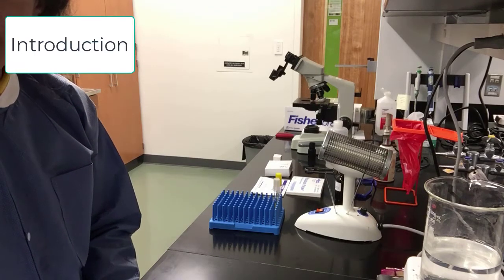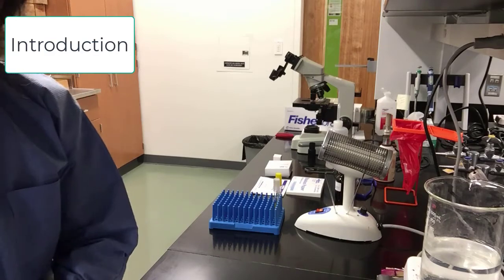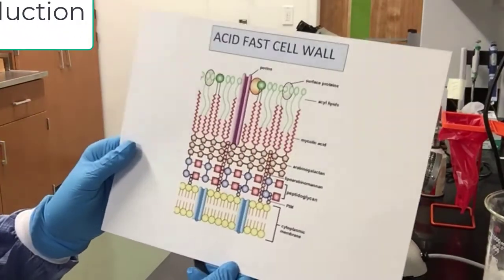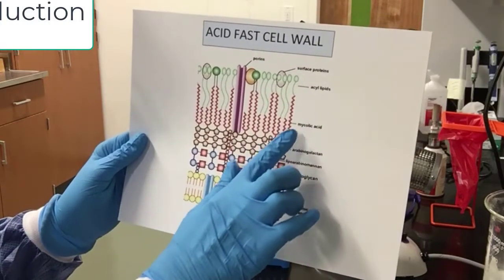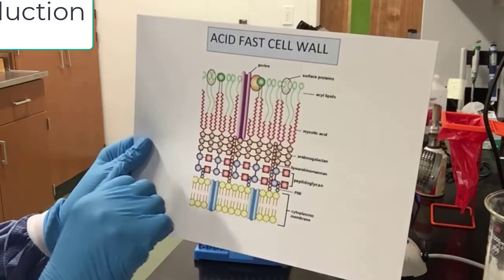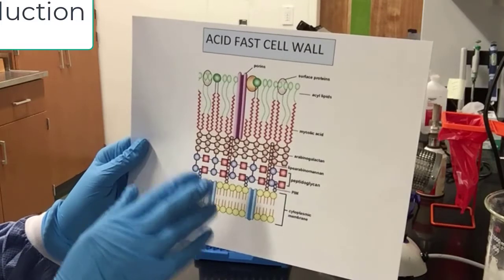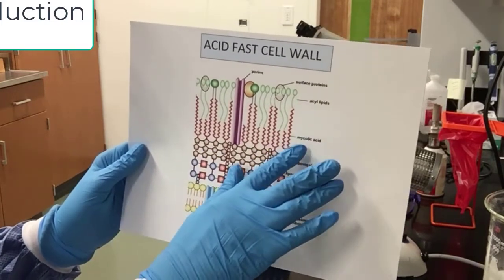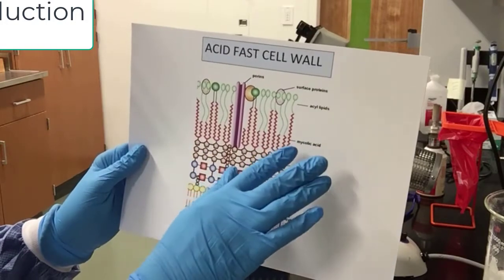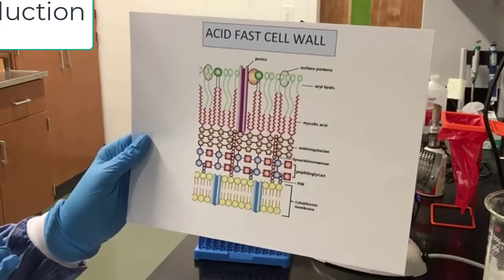First thing we want to talk about is the Acid-Fast cell wall. The Acid-Fast cell wall, as you can see here, has a peptidoglycan layer, not too thick, and mycolic acids, these waxes, these lipids. And these are the ones that stain directly with the special stain, carbolfuchsin, that is used in the Acid-Fast staining.